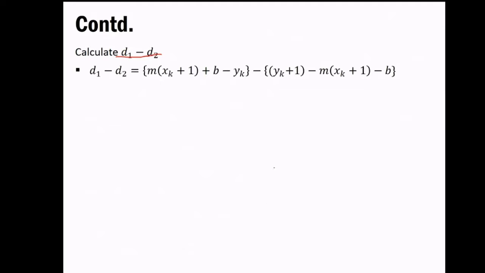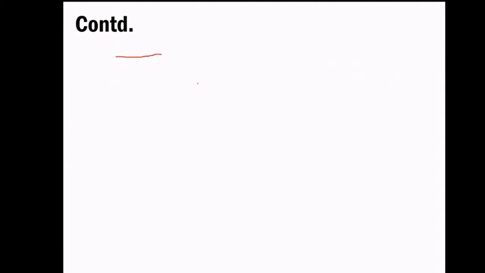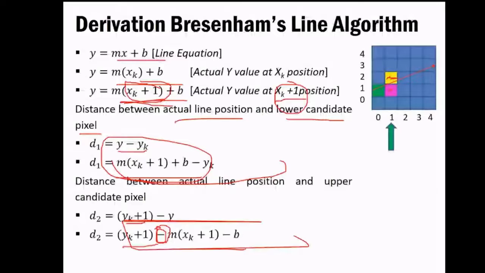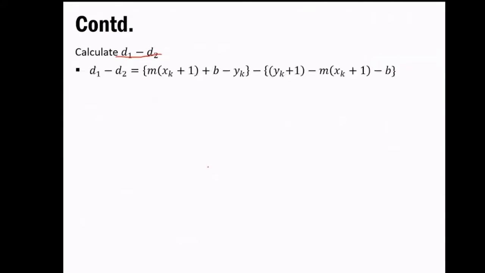Okay, so what it says is m xk plus 1, that is this value, plus b minus yk. Okay, it is over here. Similarly, the d2 value.